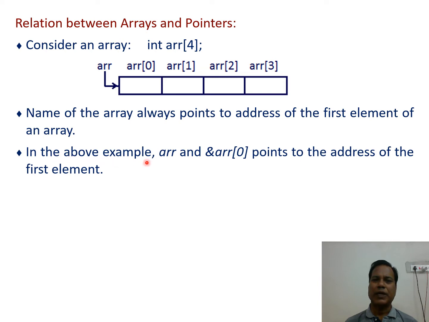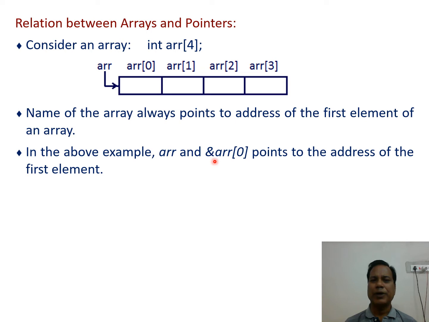In the above example, r and &r[0] point to the address of the first element, because r is the name of the array, and when elements are stored, the starting address is indicated by the name of the array, r.